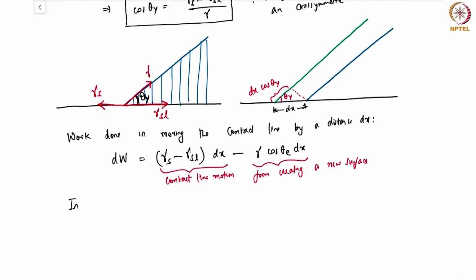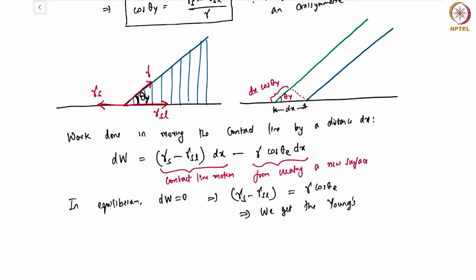The sign does not matter because in equilibrium dW is 0, and if I do this, I get gamma s minus gamma sl essentially becomes gamma cos theta e, and therefore we get Young's law. Okay.